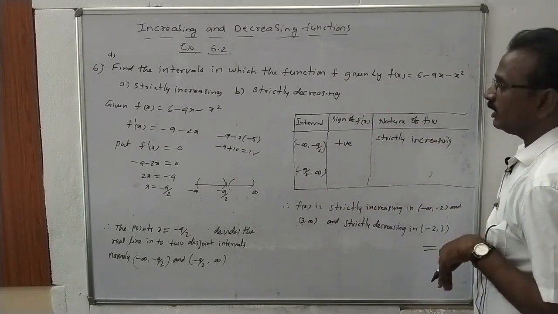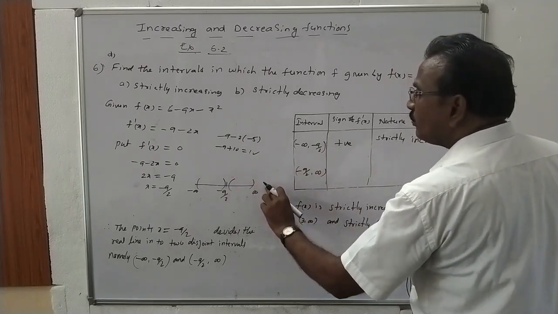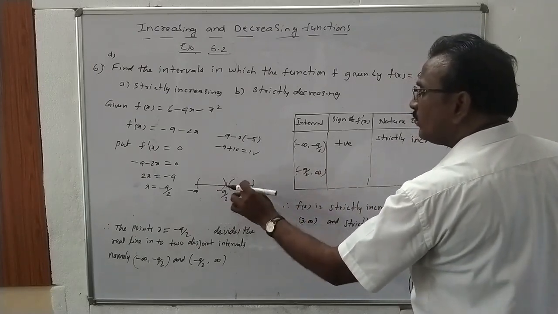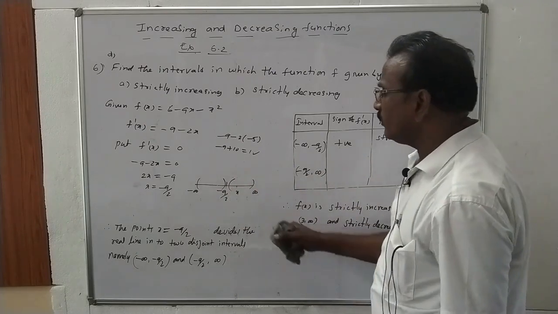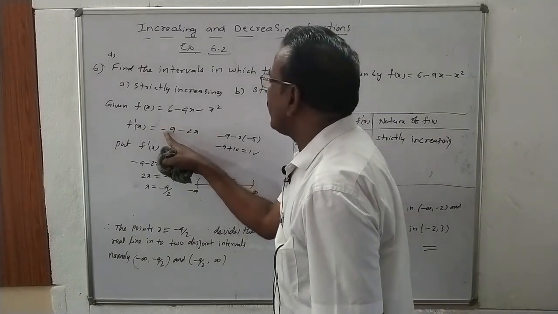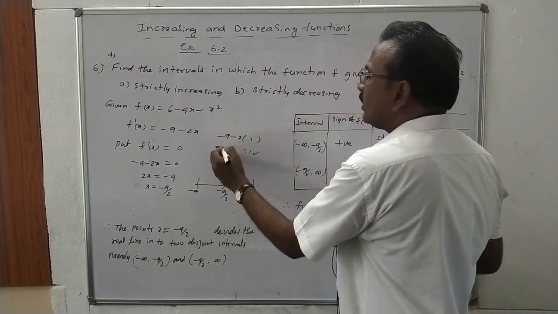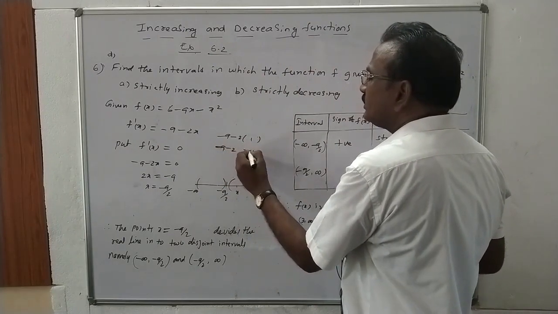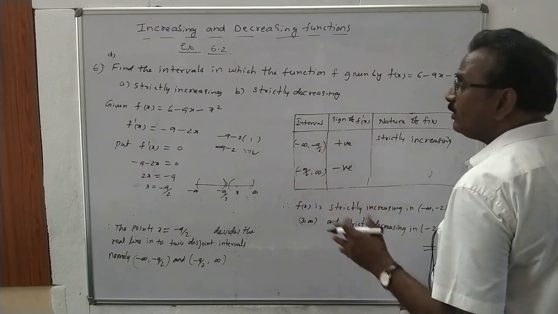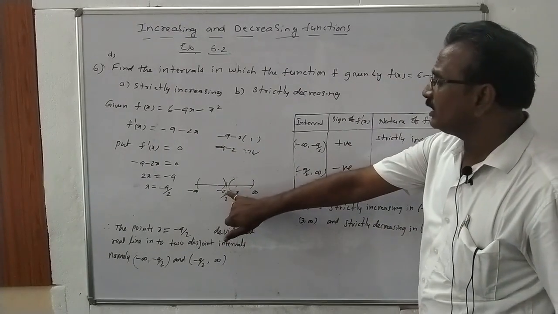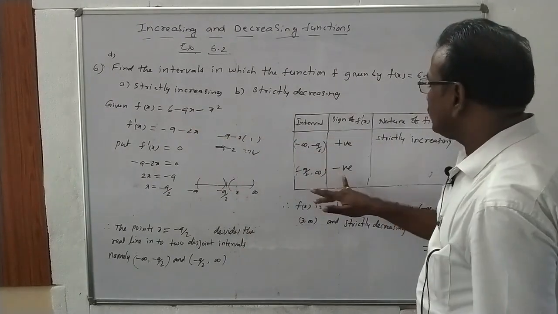F of x is strictly increasing up to minus 4.5. Take any value between minus 4.5 and infinity. Suppose if we take x is equal to 1, minus 9 minus 2 times 1, that is minus 9 minus 2, is minus 11. So it is negative. Take any value between minus 4.5 and infinity, f dash x value is always negative.